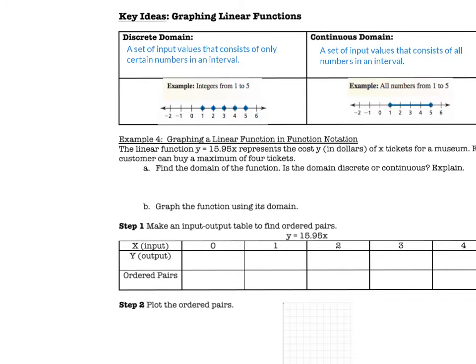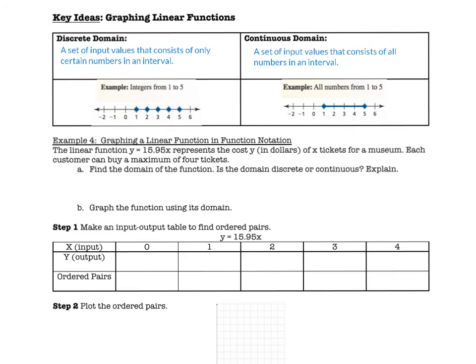Example 4, graphing a linear function in function notation. The linear function y equals 15.95x represents the cost y in dollars of x tickets for a museum. Each customer can buy a maximum of 4 tickets. The first thing we're going to do is find the domain of the function.